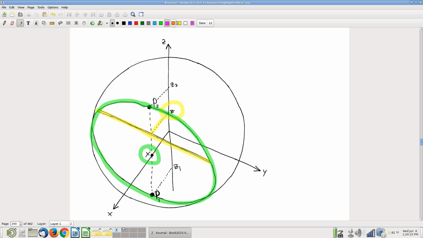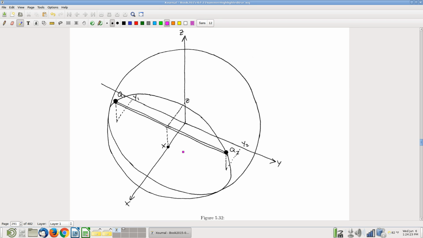So I want to look at that point and that point. I want to know what are the y coordinates of those points, and I have a picture for this as well. Here it is. y1, y2.